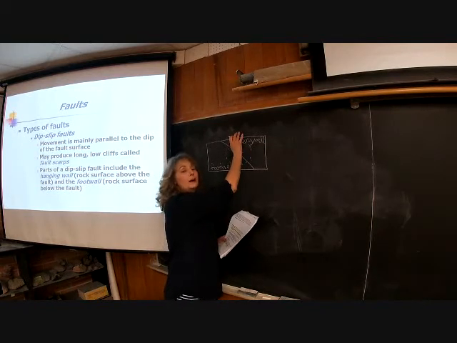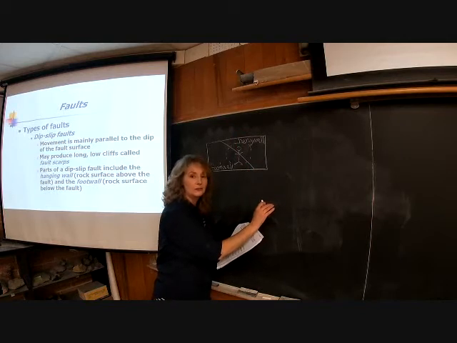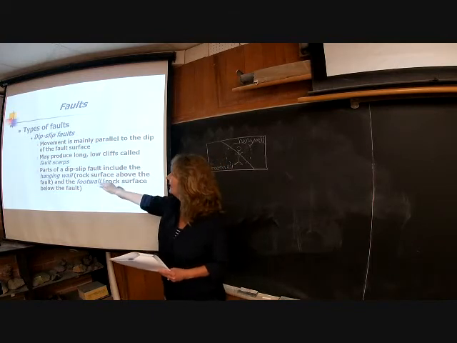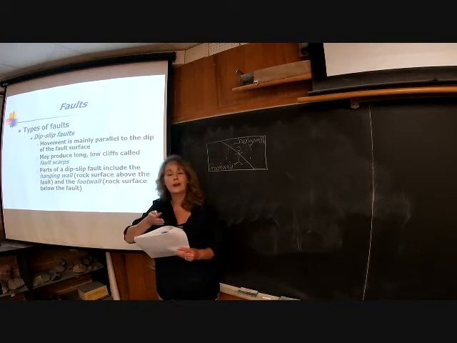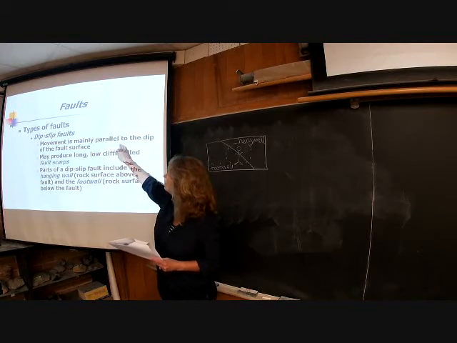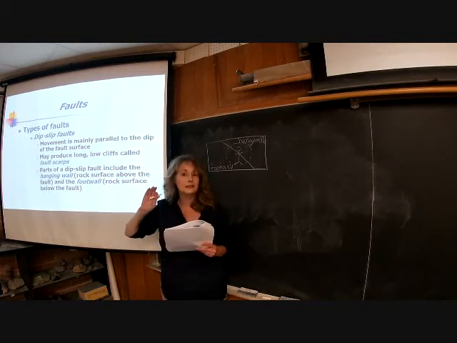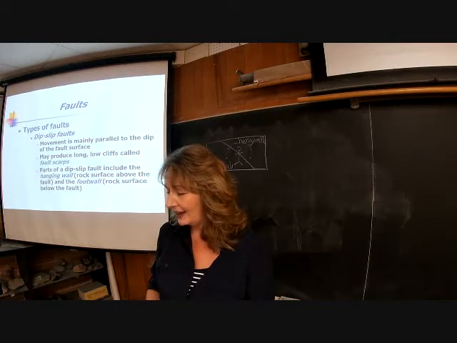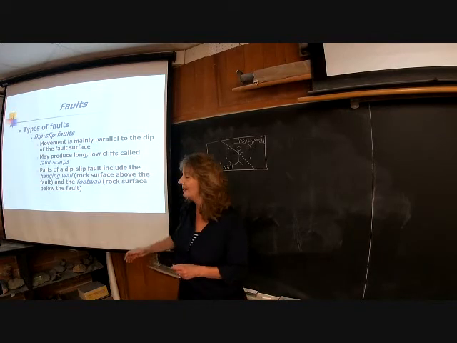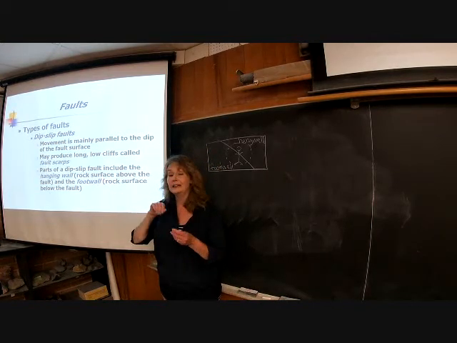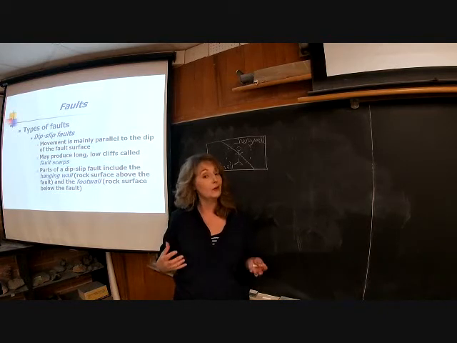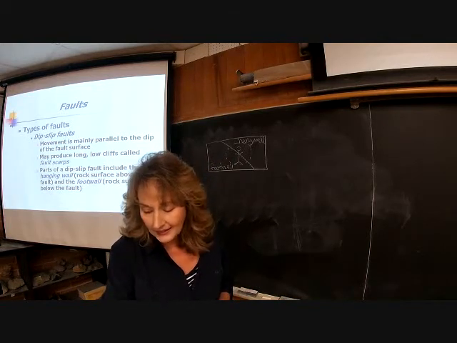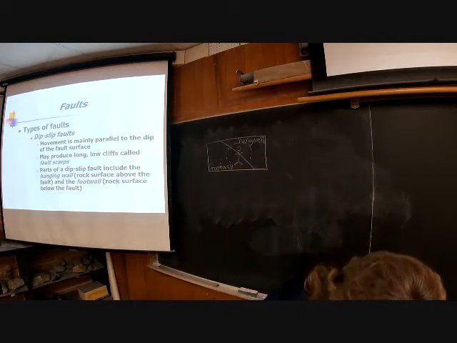Does the hanging wall move up or does the hanging wall move down in relationship to the foot wall is what they talk about here. So if you get that sort of vertical motion, that's a dip slip, they call that. A dip slip where you get the hanging wall moving down is called a normal dip slip. It's going with gravity, so they call that one a normal dip slip.